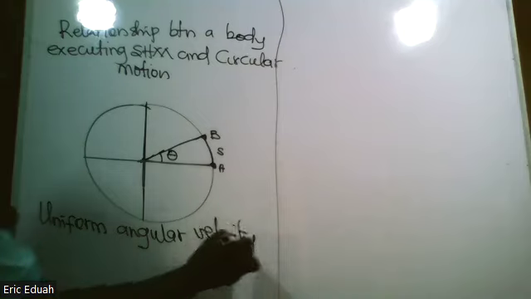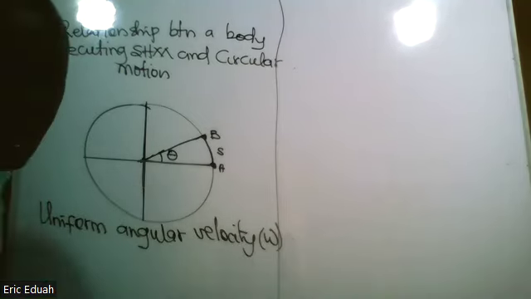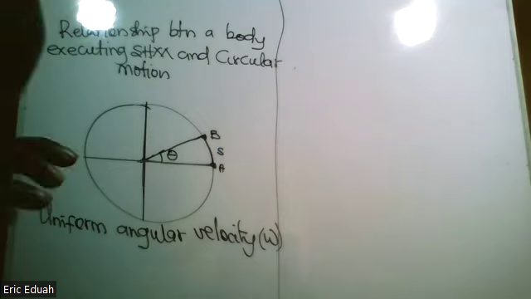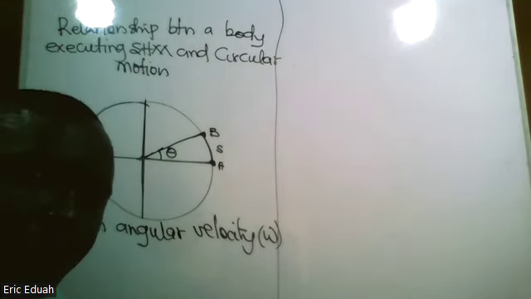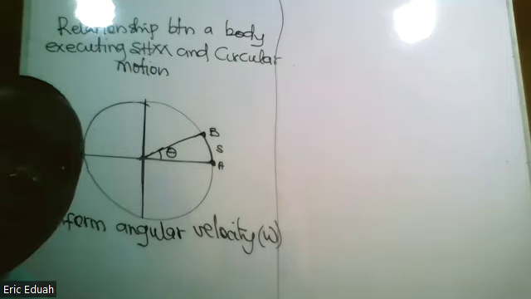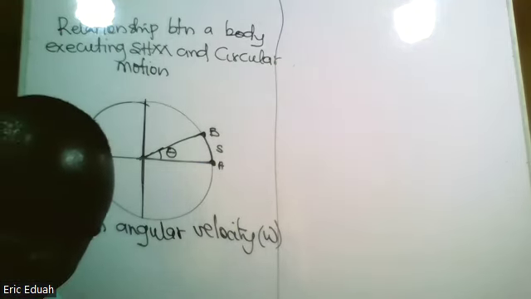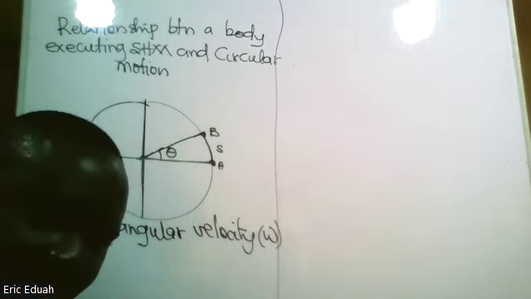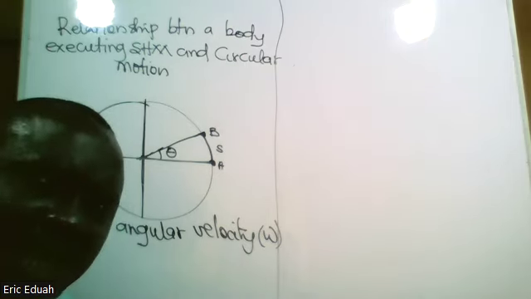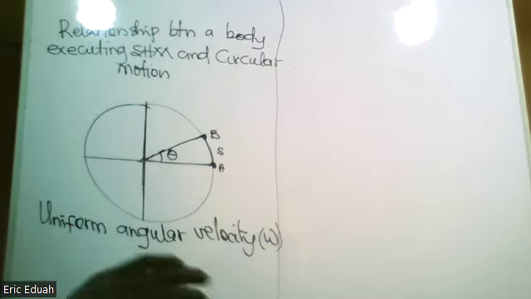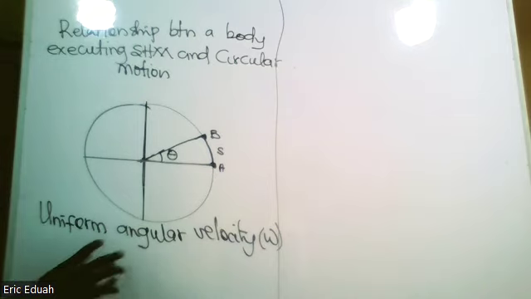In our study of circular motion, we restricted our scope to uniform speed motion, meaning the body is moving at a constant speed, v. This one is about uniform angular velocity.